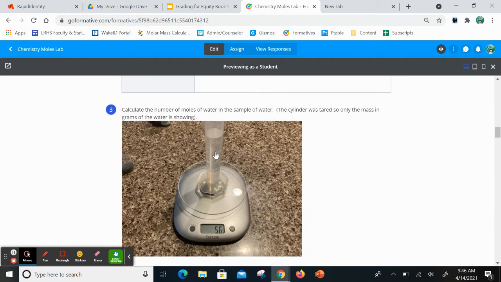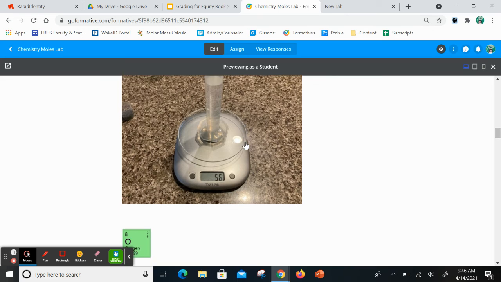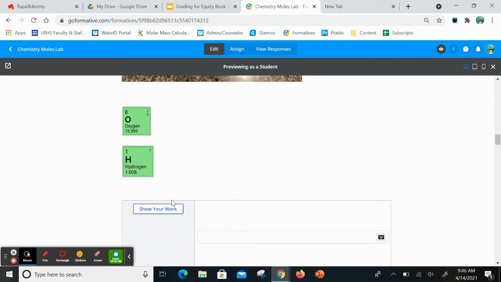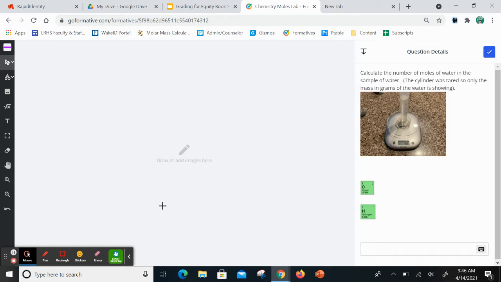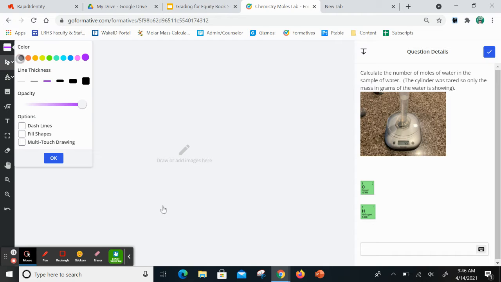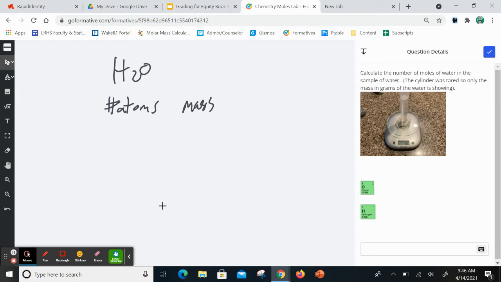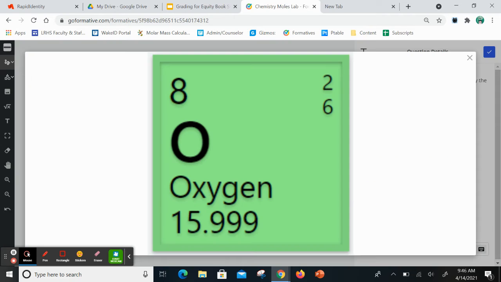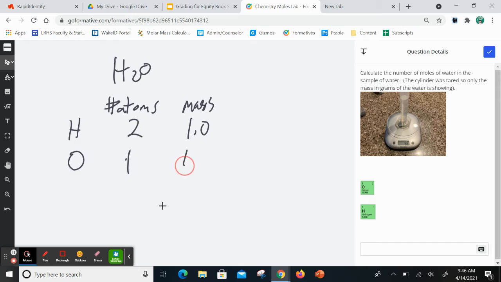This next one is water, which is H2O, and there's 56 grams. Since this is a compound, there's 2 atoms of hydrogen, each one weighs 1, right? And then for the oxygen, 1 atom of oxygen, and each one weighs, we're going to call that 16.